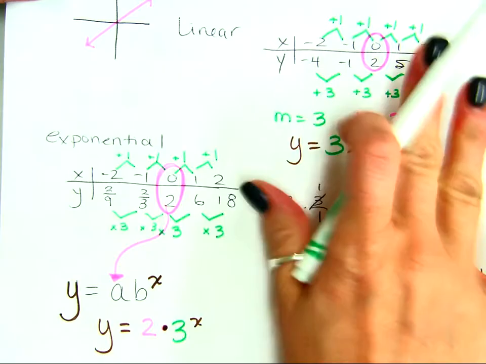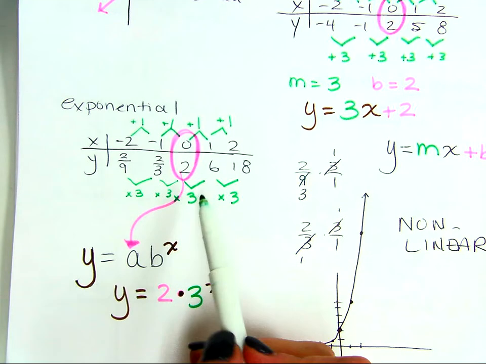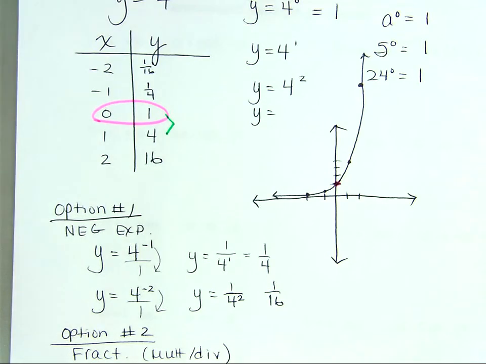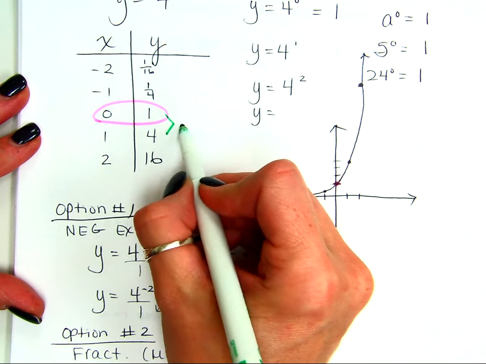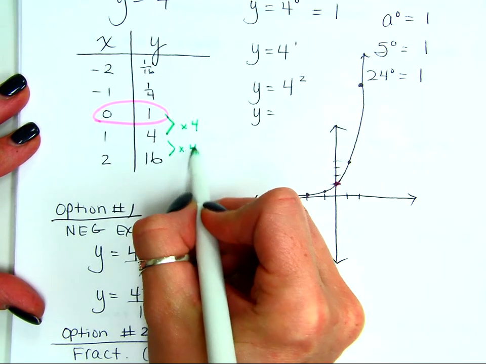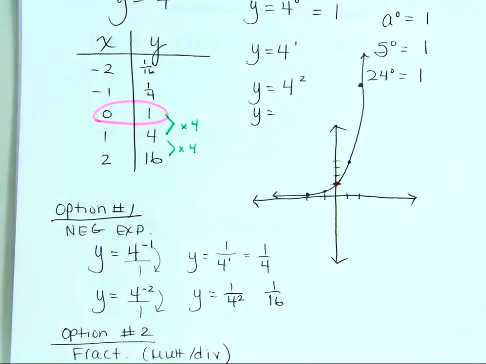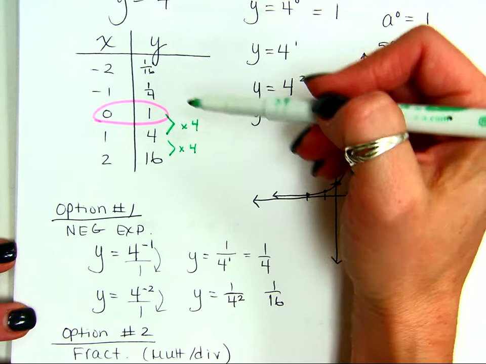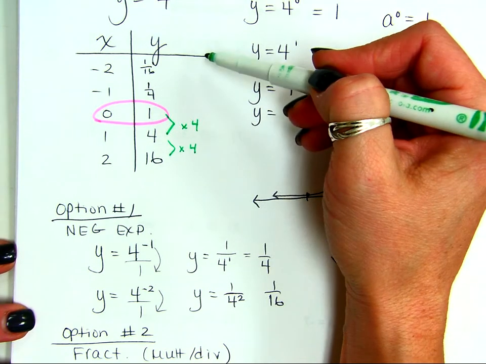But we're not doing linear, we're doing exponential, which means times 3, times 3, times 3. Okay? Well, it looks like 1 times 4 is 4, and 4 times 4 is 16. So once I find this pattern, which means it's being multiplied by 4, I can kind of continue that, except I've got to go backwards.